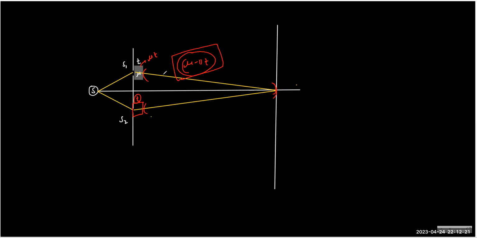So now there are many ways of thinking. The upper path is extra by what value compared to the lower path? Mu minus 1 times t. So if the lower will contain, let's say, n lower number of wavelengths, what will the upper path contain? Can you guess?